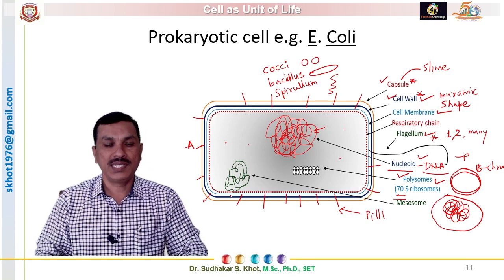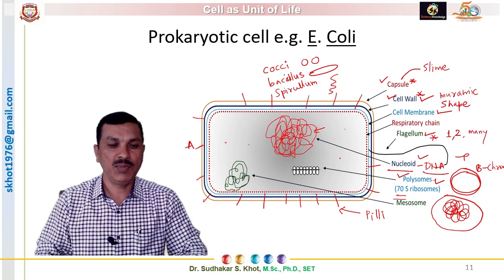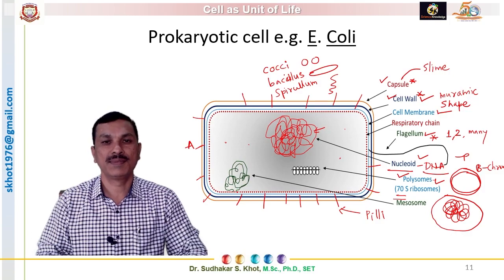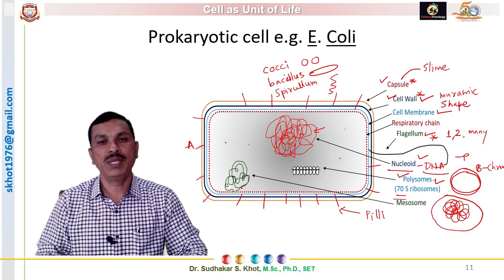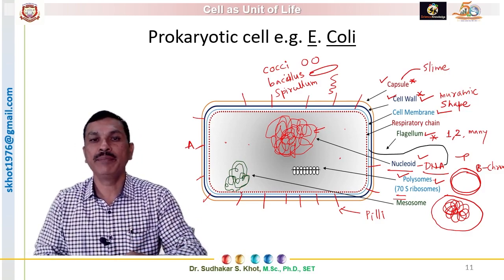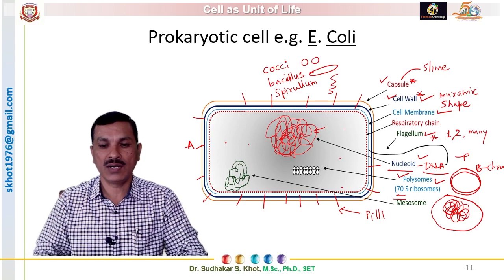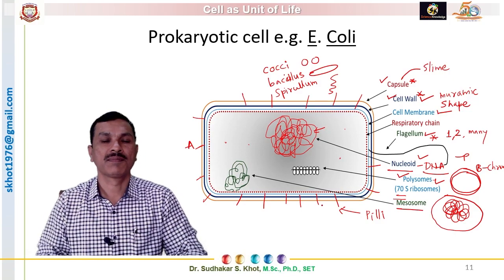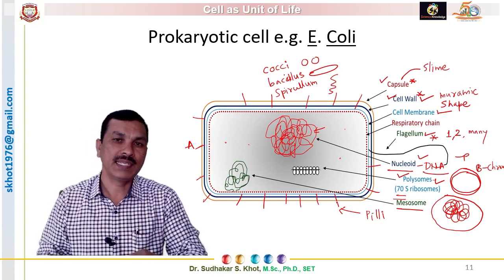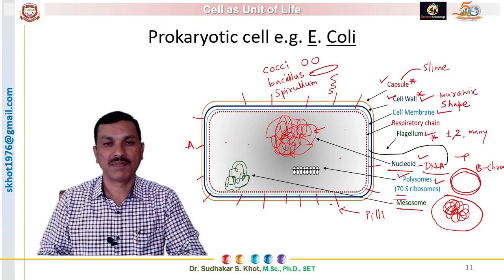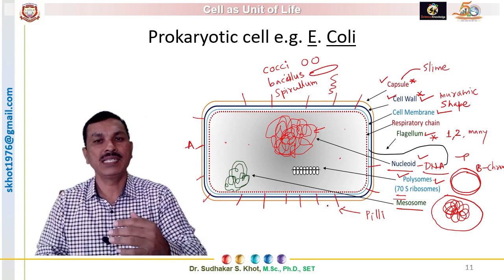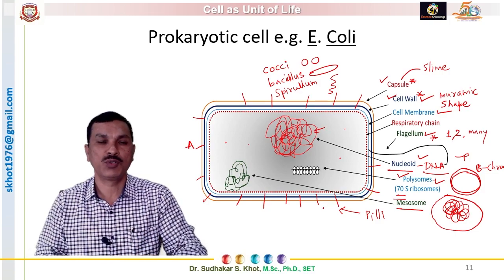Then at certain places we can see that the cell membrane is folded upon itself. These foldings may be present at one place, two places, or at many places. And these foldings are called mesosomes. Mesosomes help in increasing the surface area of the plasma membrane within the cytoplasm.